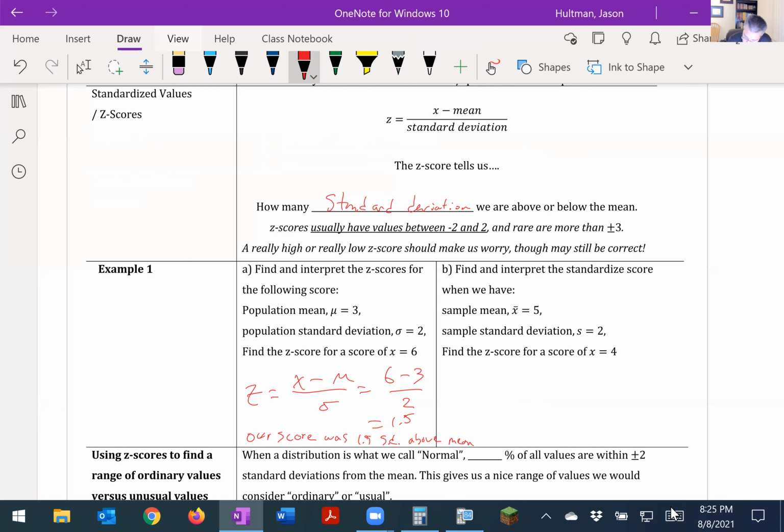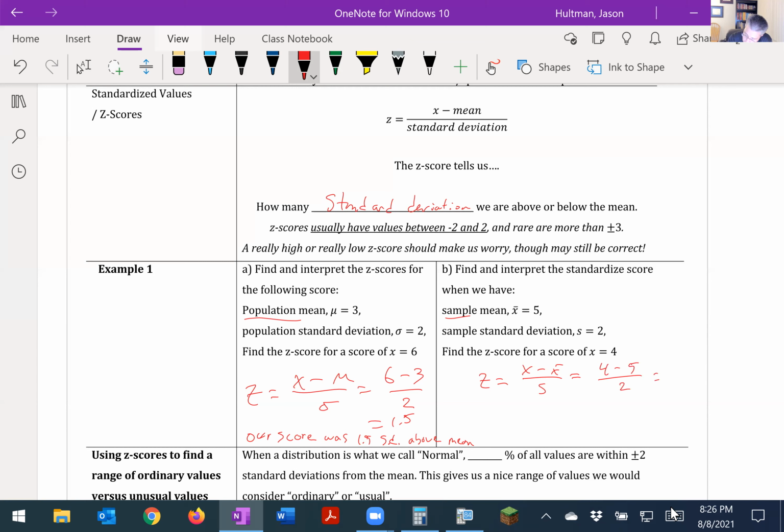Here we have a sample. Okay, sample mean, the other was a population. Sample z is equal to x minus, this time it's x bar because that's the mean, over s, which is the sample standard deviation. So this is going to be x, which is 4, minus 5 over 2.